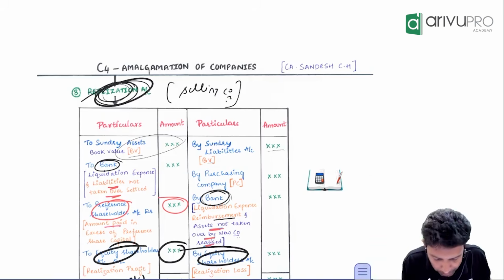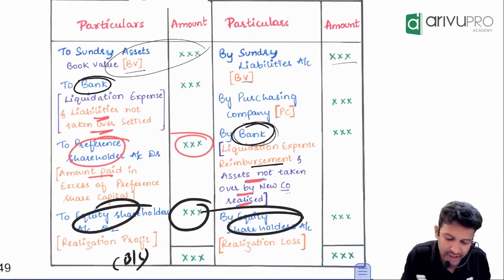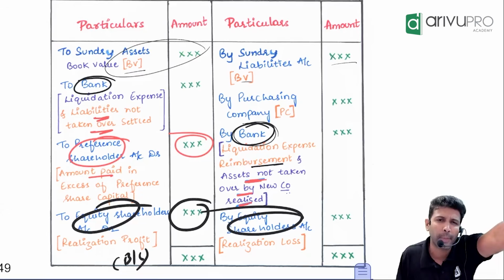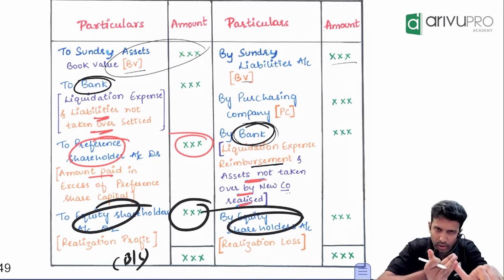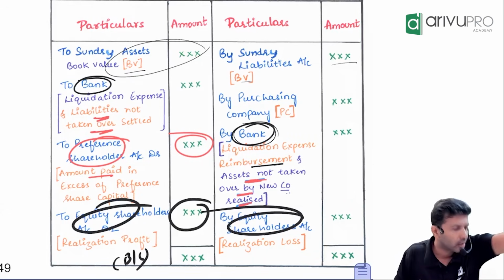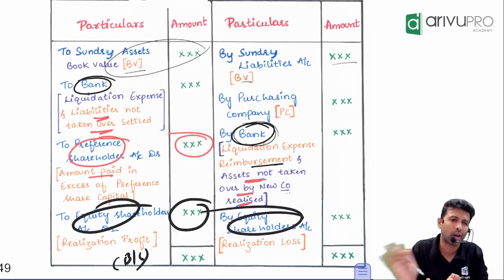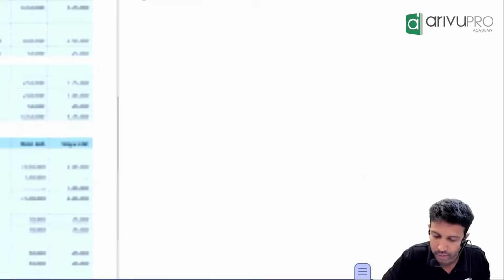That's what I've written: if the amount paid is in excess of preference share capital, then this adjustment will come. But you don't have to remember this. You number them. First, always preference shareholders account, then realization, then equity shareholders. That way you don't have to remember all these wordings. Automatically it will get taken care of.